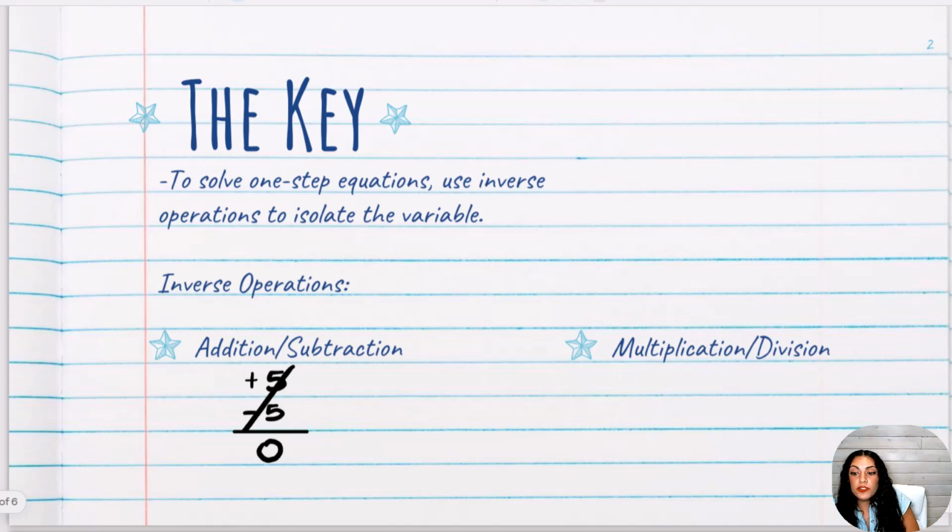Now, let's take a look at multiplication and division. With multiplication and division, they have their own set of rules. To cancel when we are involving multiplication and division, just think about that rule that any number divided by itself is 1. So if we see 5 in the numerator and we put this bar and have a 5 also in the denominator, then this is read as 5 divided by 5.